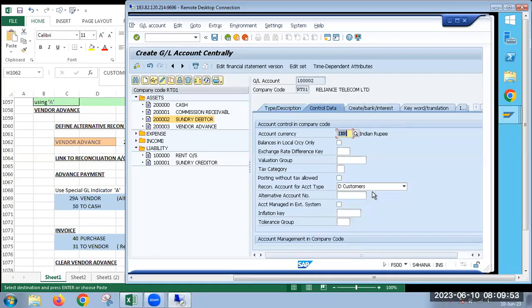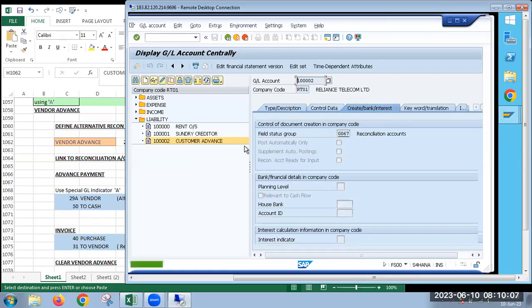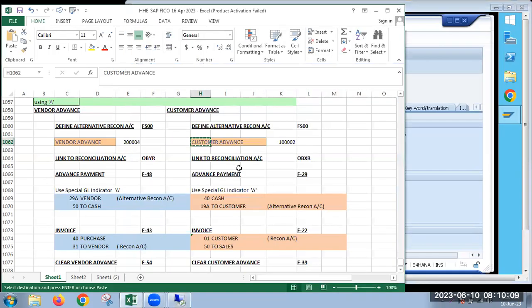It's a customer reconciliation account. Remember, the account type makes this account a reconciliation account, specifically a customer reconciliation account. So this customer advance account, we can link to the regular reconciliation account using OBXR.